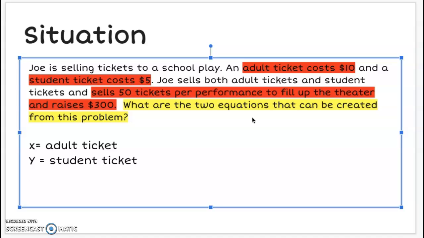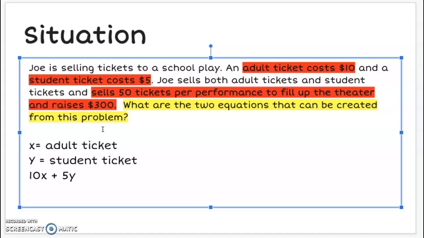So, if an adult ticket is $10, that's 10x, and the student tickets, we know we're adding them because it says he sells both adult tickets and student tickets, and he sells 50 tickets per performance to fill up the theater and raises $300. So, when it has the money signs, we know those are going to go together.